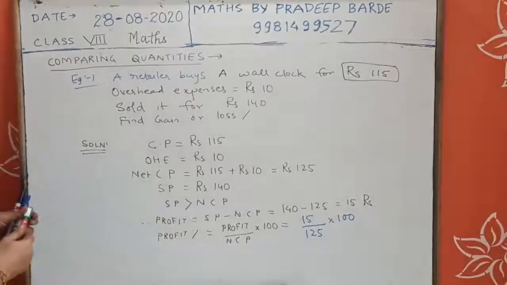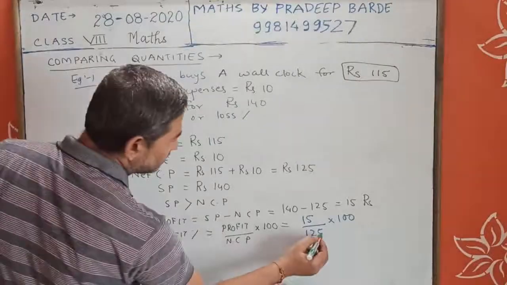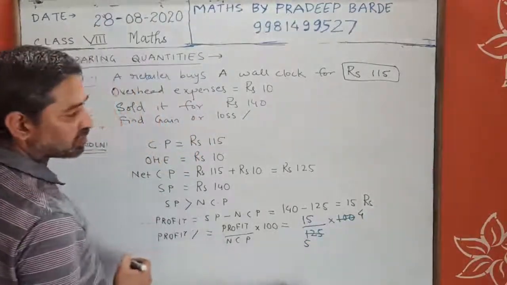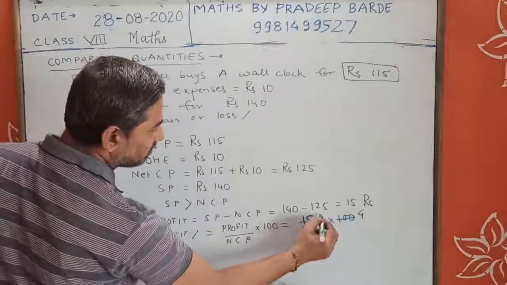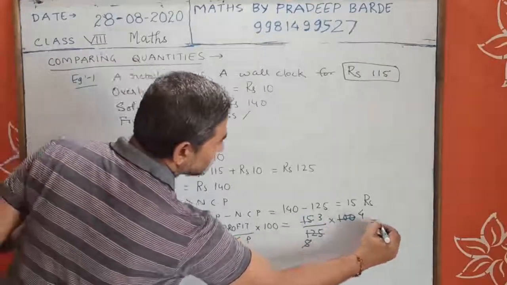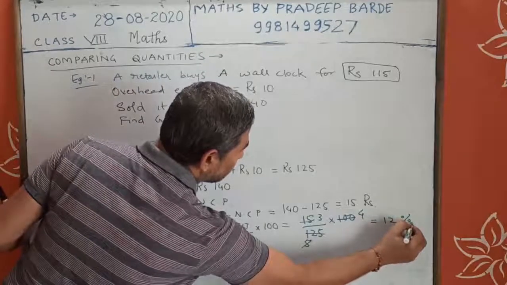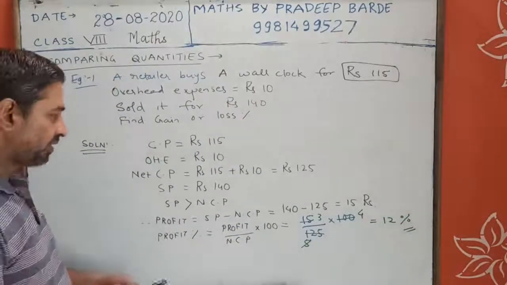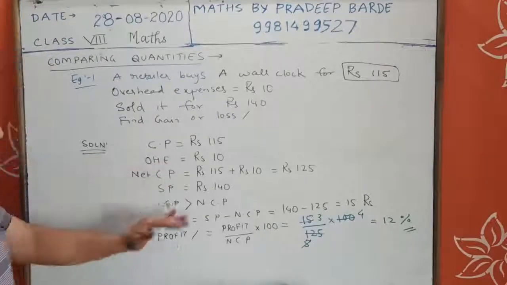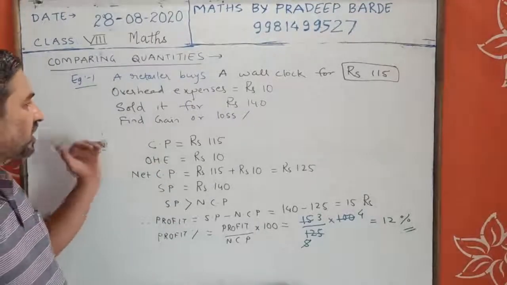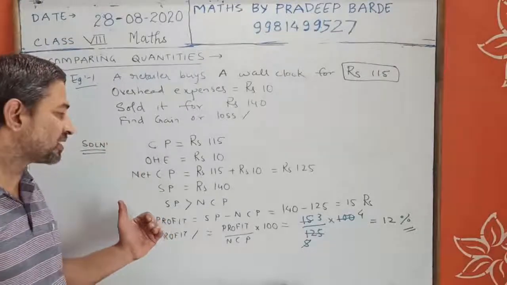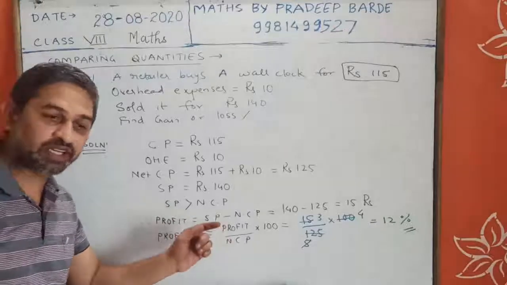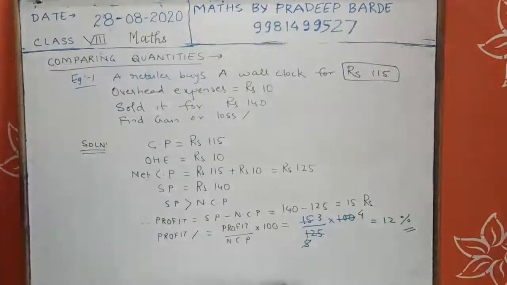Let's simplify. 25 5s are 25, 4s are 5, 3s are, yes, absolutely right answer, 12% profit. So this way we have observed that in case of overhead expenses, the profit and loss will be calculated on net cost price, not on the cost price.